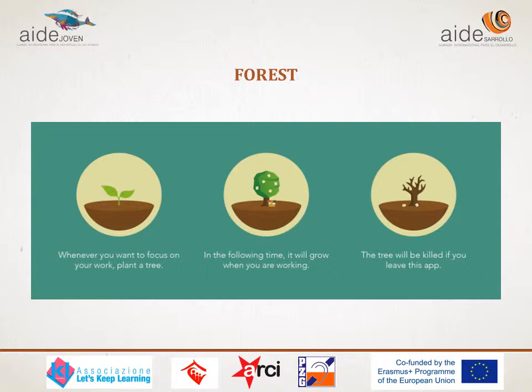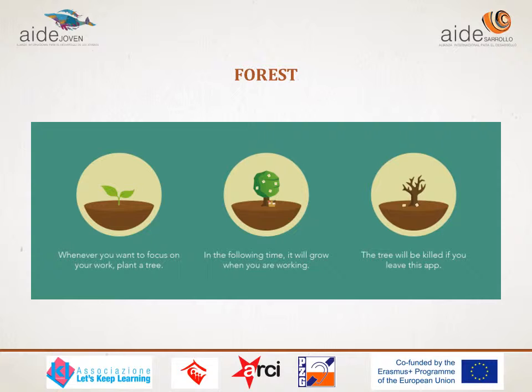The mechanism is the same. You put the application to work, and you are supposed to focus during the time you have promised to, and the application will stop you from checking your phone. Because, as you see in the picture, each time you commit to start a productivity period, you say, okay, I'm focusing now, and you plant a tree.